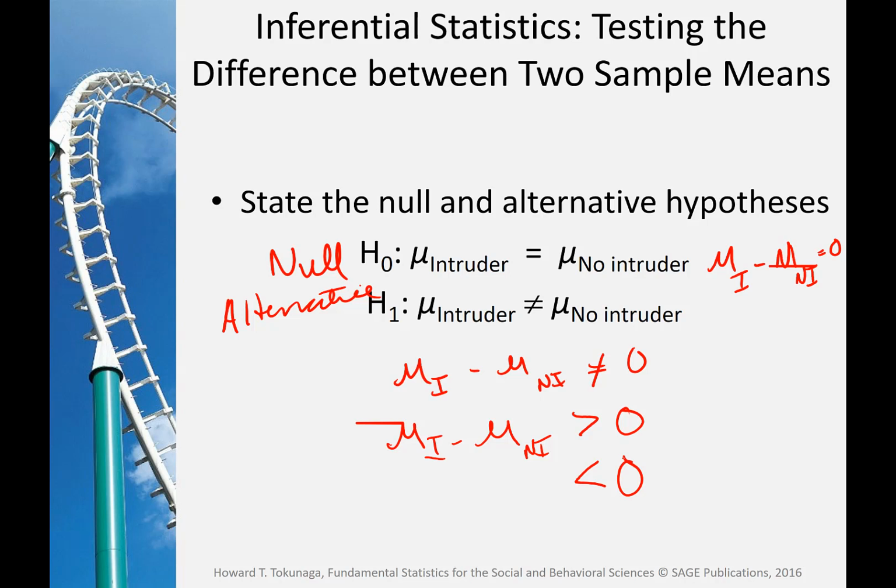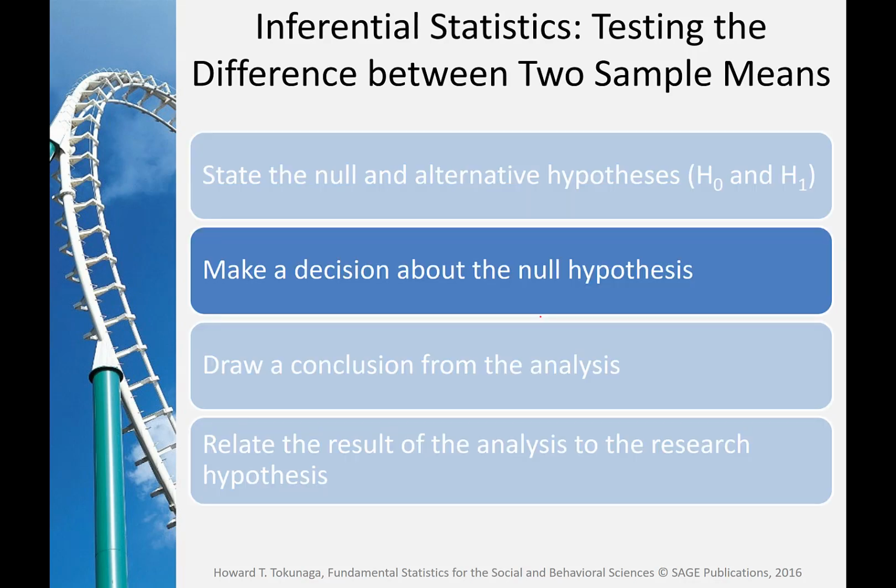So if the difference is greater than 0, that means the intruder group takes longer than the no intruder group, which means you're like me and you take your sweet ass time. If it's less than 0, then you're like her and you're trying to be nice. Strangers. For no good reason. These things exist, but generally speaking, we just stick to, is this different? Especially in intro stats.